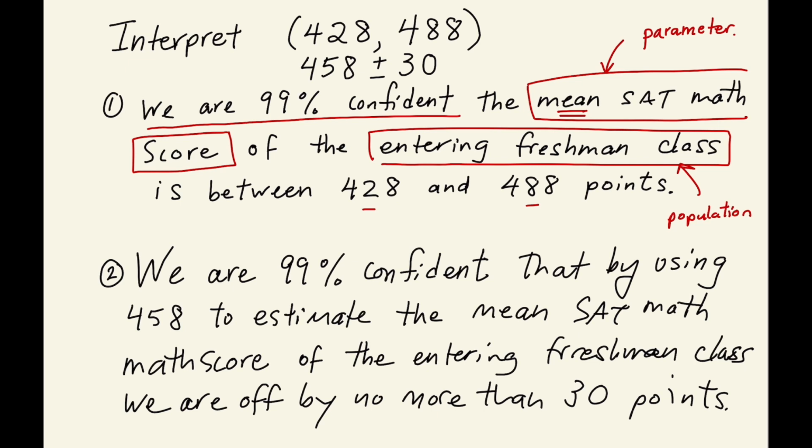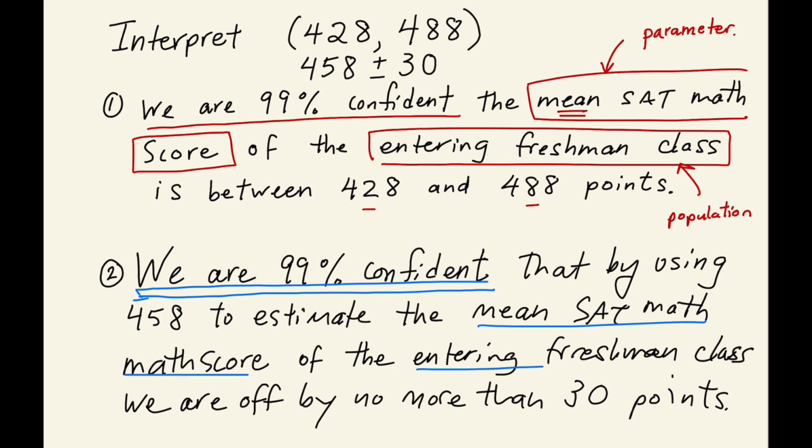Again, you see I give my confidence level. I make sure to clearly state the parameter I'm estimating and the population, and make sure not to confuse it with the sample. And then I use a slightly different phrasing.